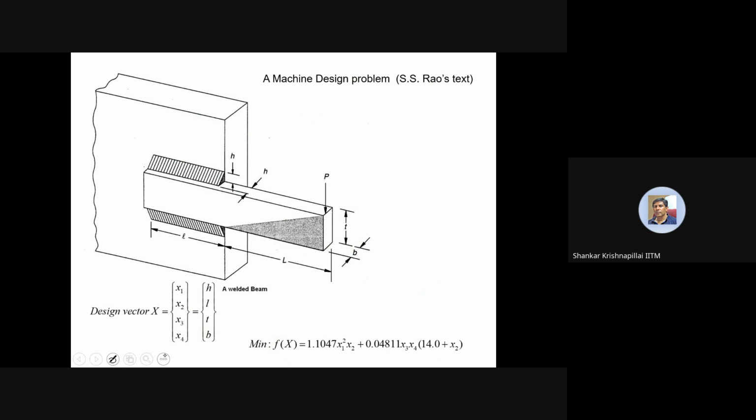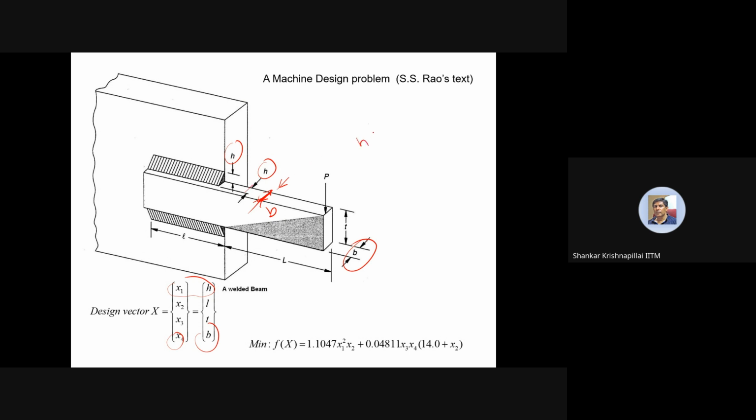So x1 is h, and x4 is b. This breadth, the width, is b, and this leg of the weld is h.